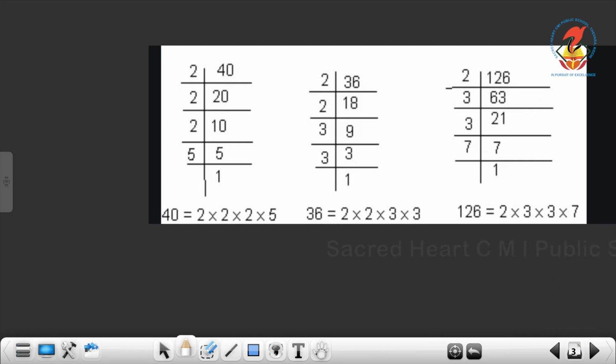Therefore 2 into 2 into 3 into 3. Then 126, we can start with the 2, 63, then with the 3, 21, with the 3, 7, and again with the 7 it is 1. So 126 equal to 2 into 3 into 3 into 7. Okay, we have already learned.